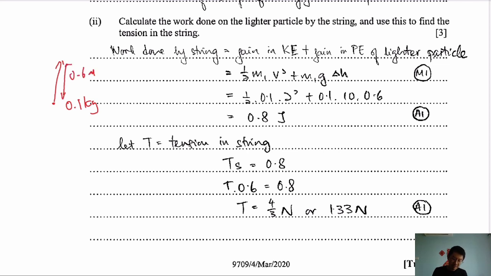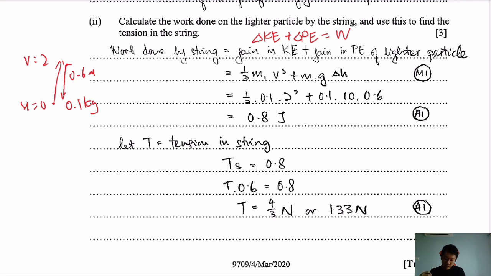The initial velocity is 0, and it gains a velocity of v equals 2 in this case. So the change in KE plus the change in PE is equal to the work done.